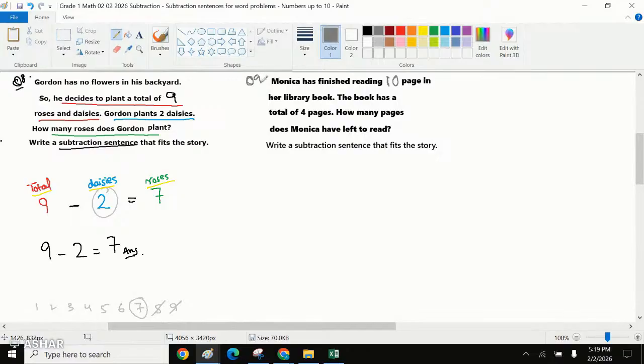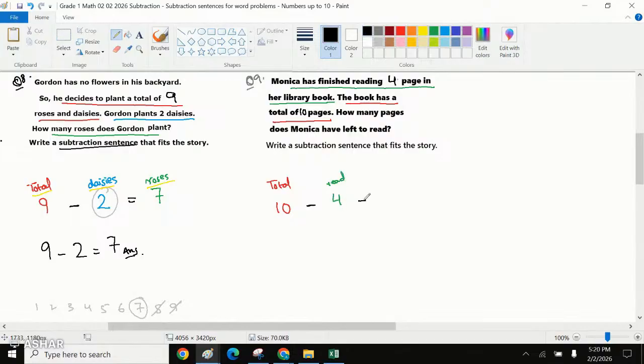And question number 9. Let's change these numbers. If Monica has finished reading 4 pages in her book, the book has a total of 10 pages. So we know the book has a total of 10 pages and she has already read 4 pages.